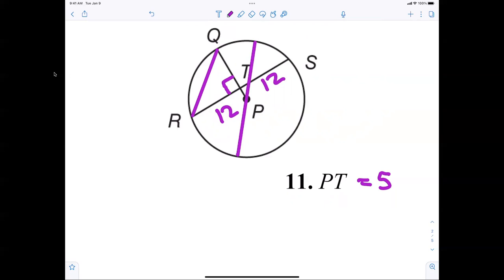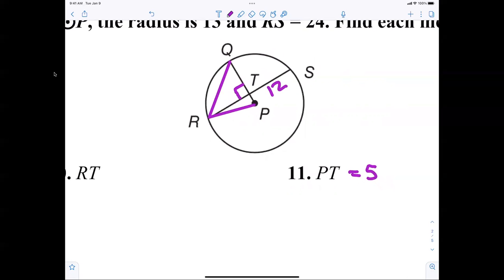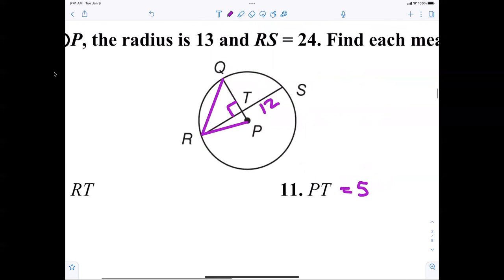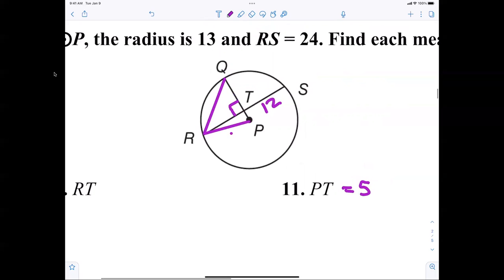Yes, from R to P. From R to P is the critical part. Draw that in, please. Now, what is RP, guys? The radius. So it's 13.